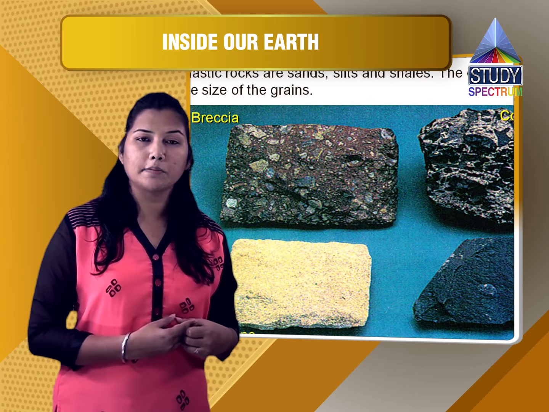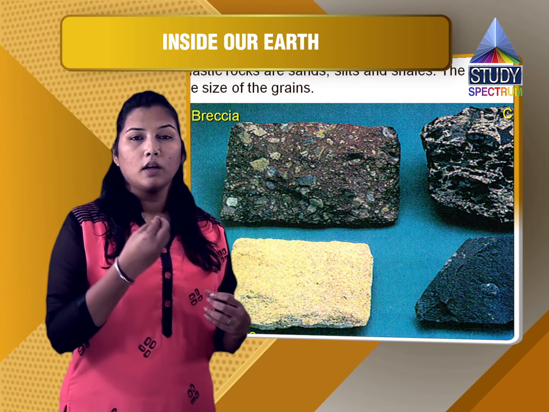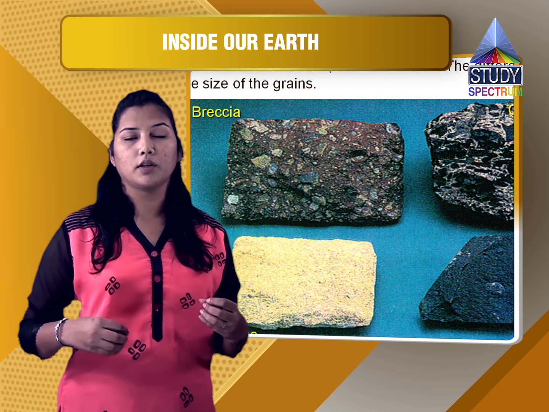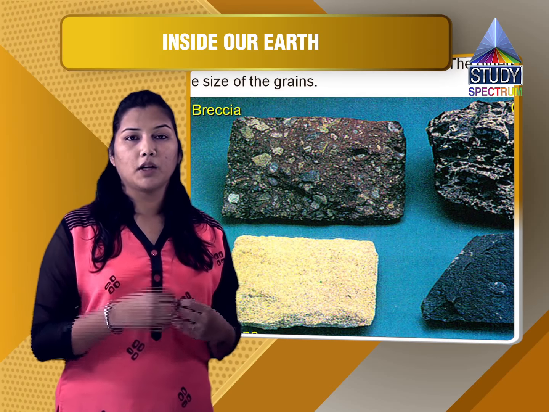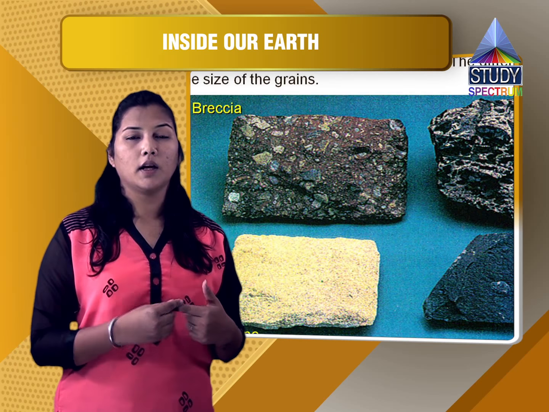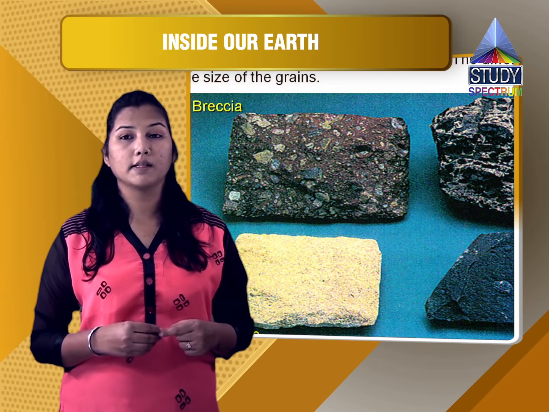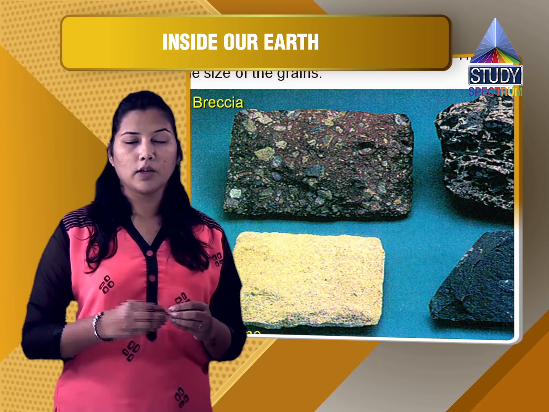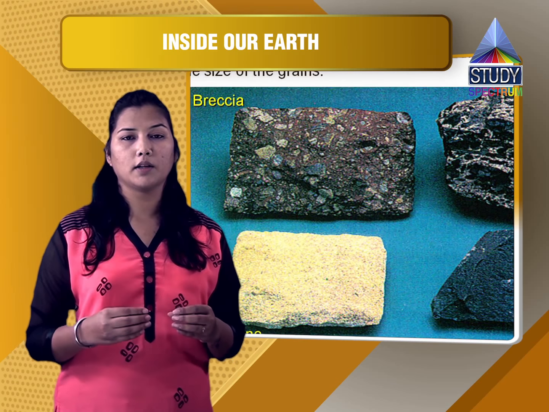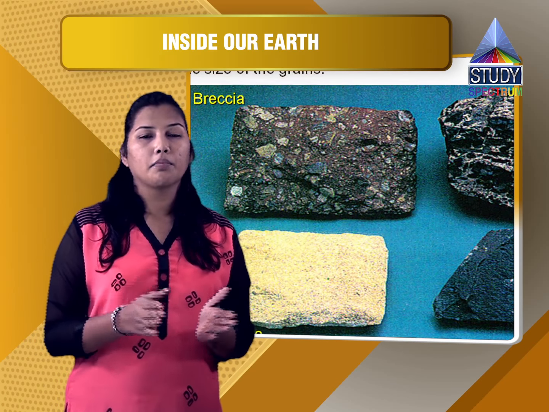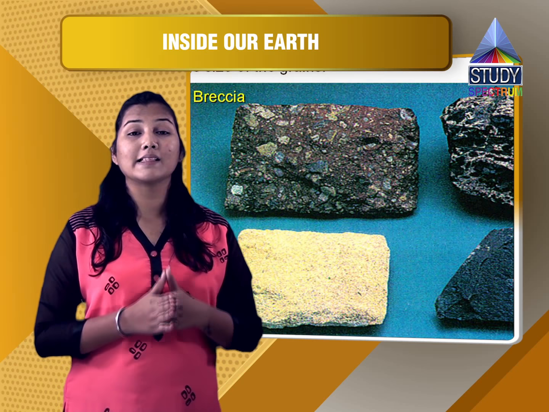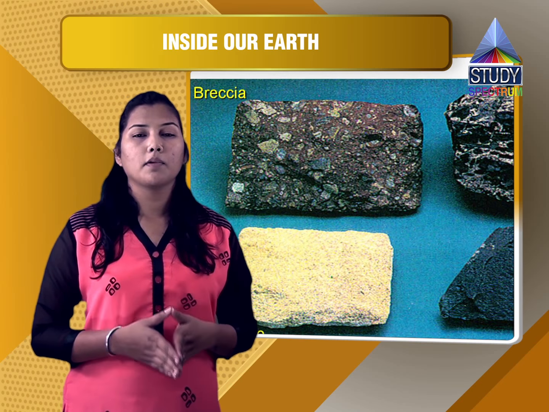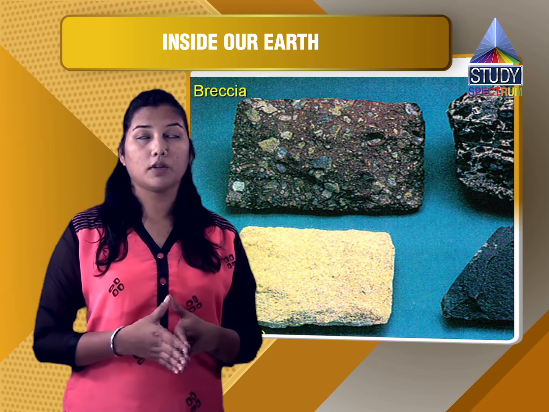So first the erosion takes place, and then the eroded fragments are further transported. They are transported because of water and wind, and they're deposited at a different place. Now you put all these small sediments or small fragments together, and then they are compressed, they are hardened to form sedimentary rocks. Sandstone is an example of a sedimentary stone or rock.